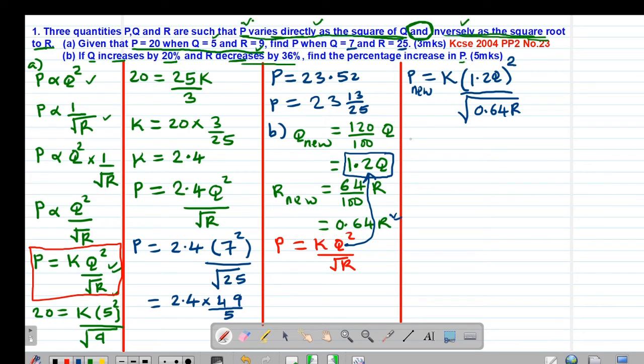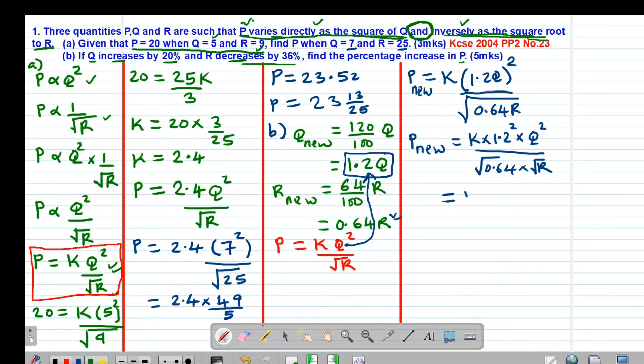So P new will be equal to K multiplied by 1.2 squared, then Q squared. I'm simply separating the variables. The denominator means you are taking the square root of 0.64 multiplied by the square root of R. If I take 1.2 squared, I'm going to get 1.44.